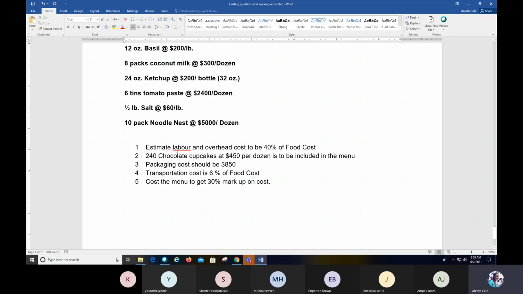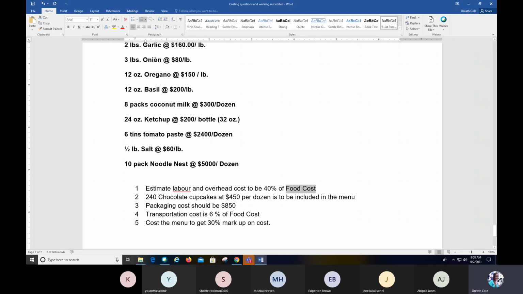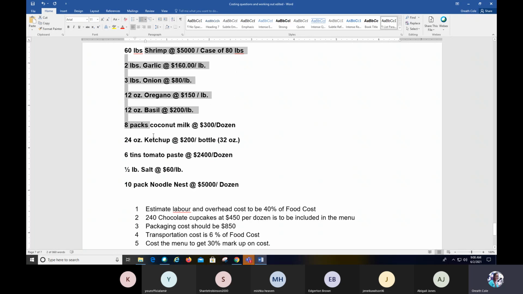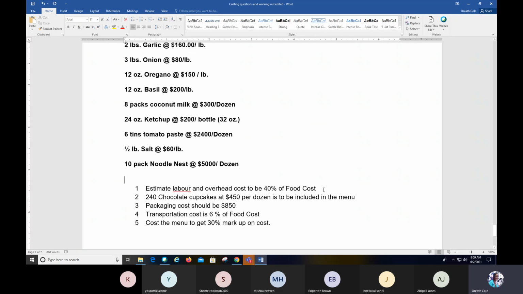So we must find now the full cost, which is how much it costs us to make these different items. It says we must estimate the labor and overhead cost at 40% of food cost. So that means we must find 40% for labor off the food cost. We'll soon reach to that.